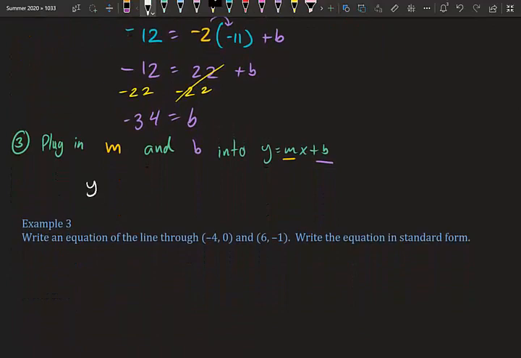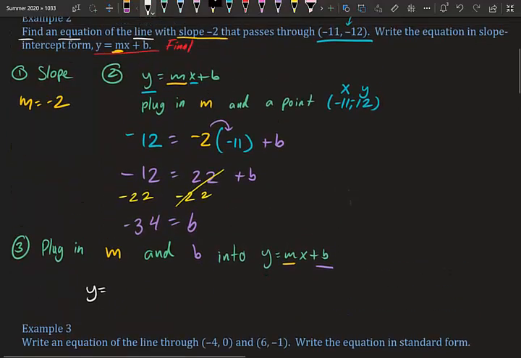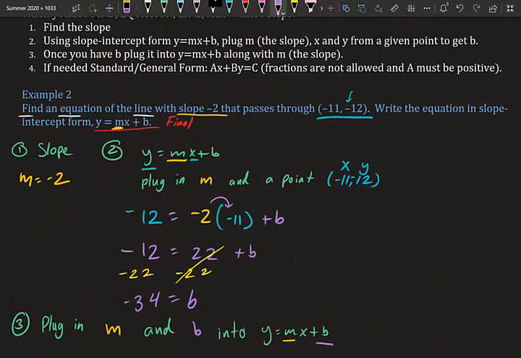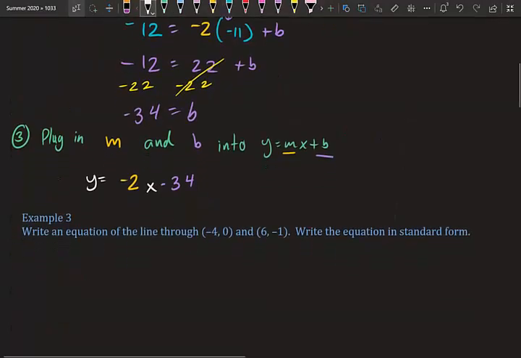So we have y equals m. Our m, remember, is negative 2, x, plus b. So since b is negative, we're just going to put minus the value of b. And since it wanted it in slope-intercept form, we're good to go. That is our final answer.